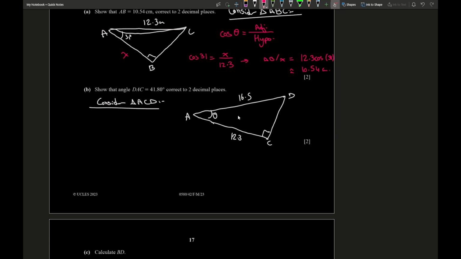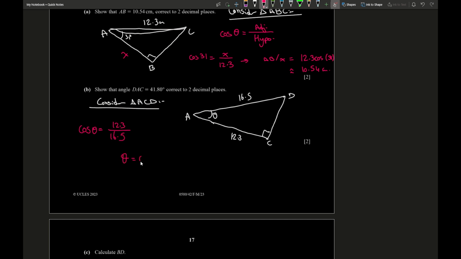So again, this is a right angle triangle, and we can use trigonometry SOHCAHTOA to find the missing angle theta. We're given the adjacent side to the angle and the hypotenuse of this triangle, so we can again use cosine, which is the cosine of theta is equal to the adjacent divided by the hypotenuse, which is 12.3 divided by 16.5.